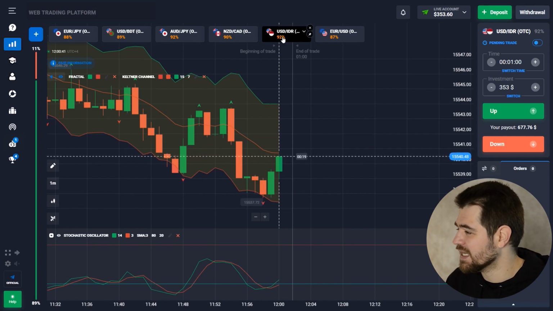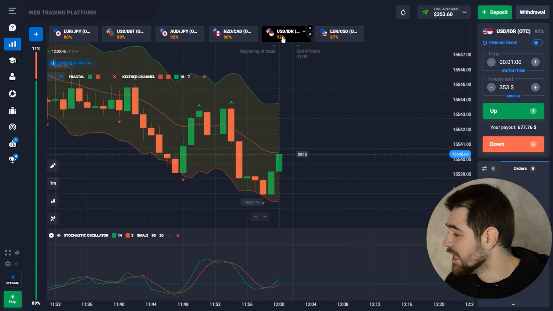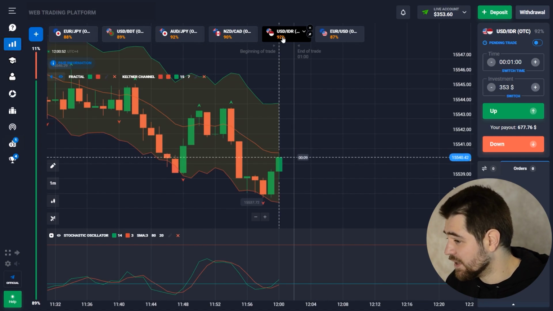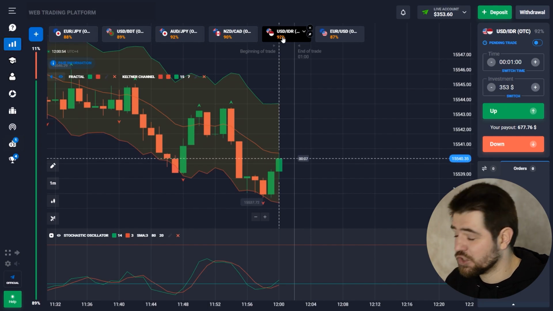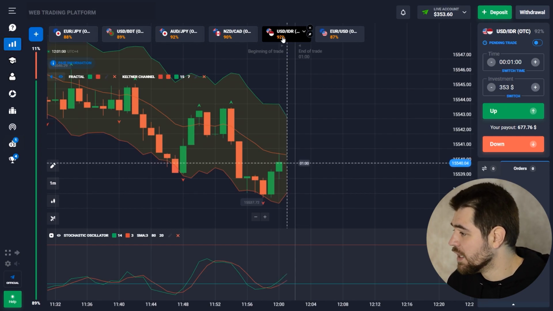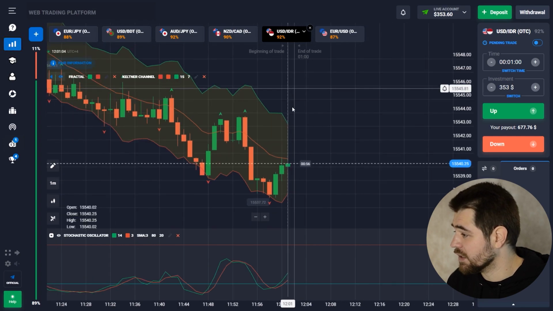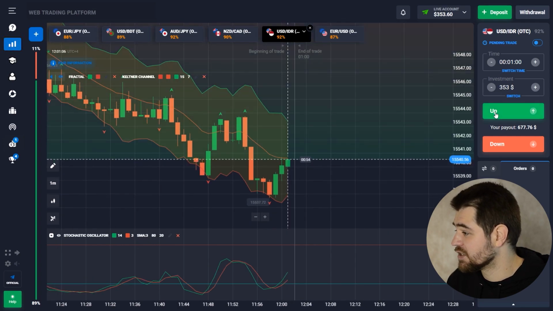So it's not a good point to enter right now at that one. Here, for example, we started going up. But right now it's touching the middle line, which acts right now as a resistance level or zone, if you will. But if it breaks it, we can expect... yeah, it's trying to break it.